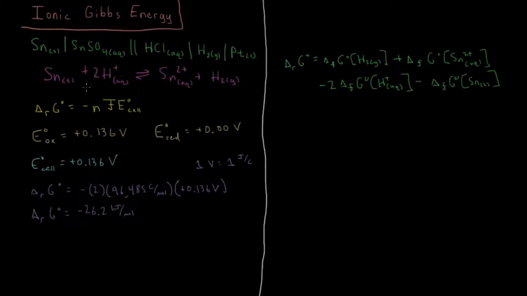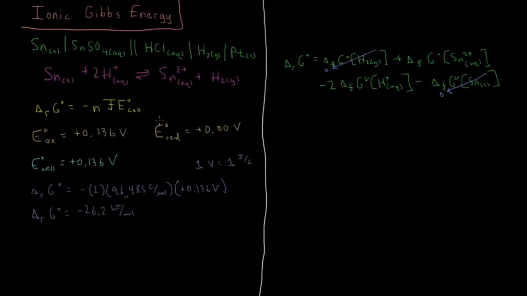But there are several items in here which are in their standard states. Solid tin is the standard state of tin, so its Gibbs energy of formation is 0, because that would be no net reaction. Similarly, hydrogen gas is the standard state of hydrogen, so its Gibbs energy of formation is 0.